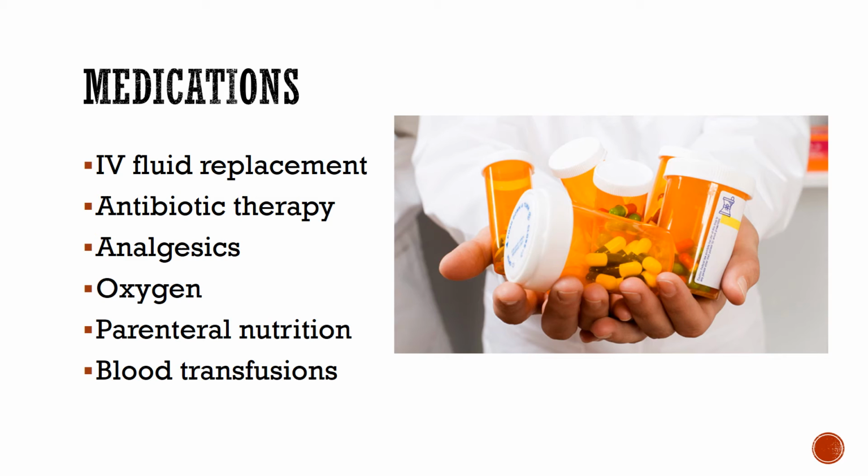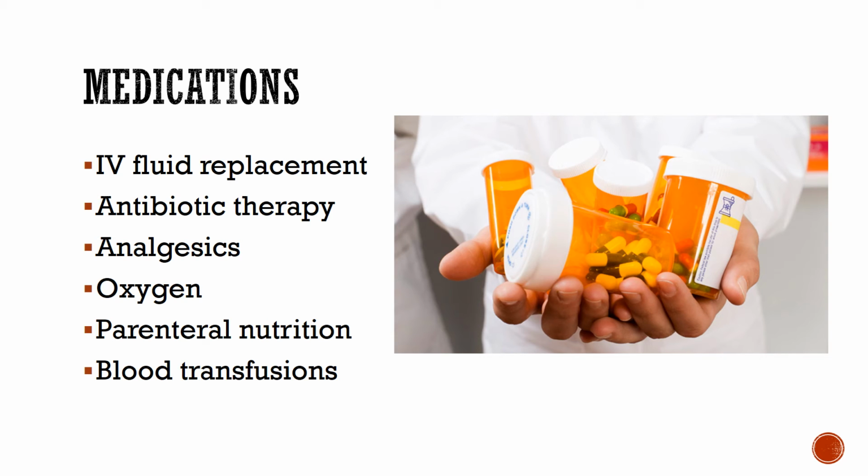IV fluid replacement is necessary to replace electrolytes because patients generally have a lack of appetite when suffering from an appendicitis. Antibiotic therapy is started before the appendectomy is performed and well after post-op, especially in patients who are experiencing peritonitis.